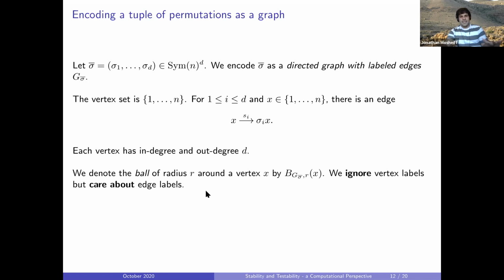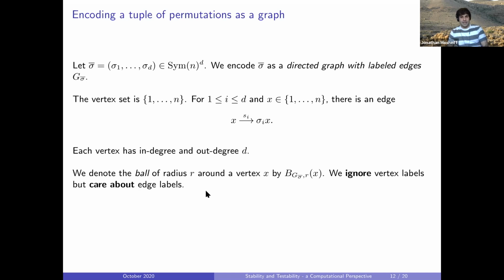And the reason we wanted to introduce this graph is that now it's easy to talk about sampling balls in this graph. We're going to denote the balls in this graph by B_r(x).